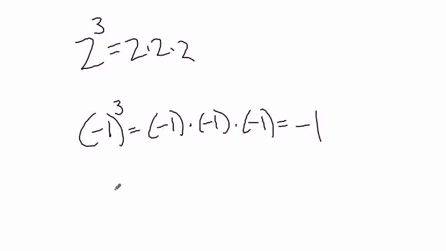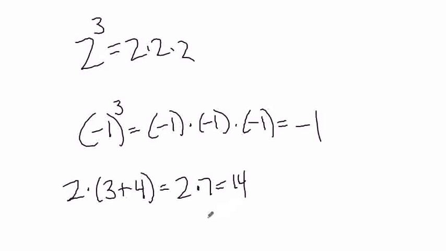The last point I wanted to make was the distributive property. If you have something like a number in front times a parenthesis like this, 2 times 3 plus 4, you can either add the 3 plus 4 and that would give 2 times 7, which is 14, or I want to make you aware of this other choice.